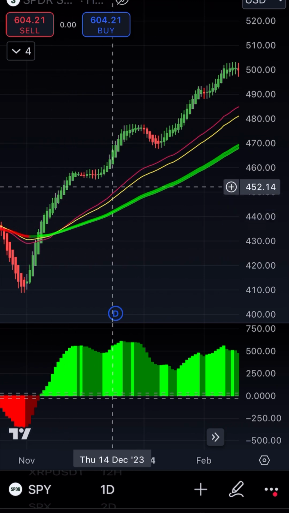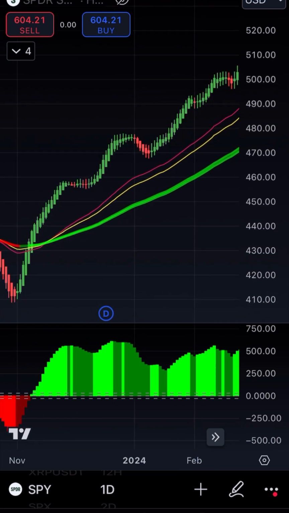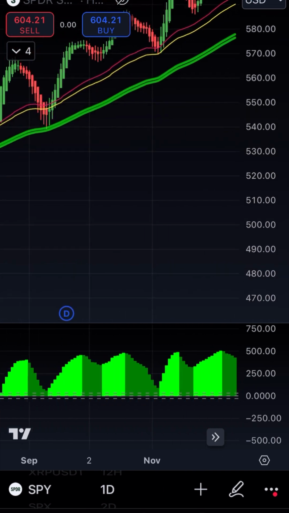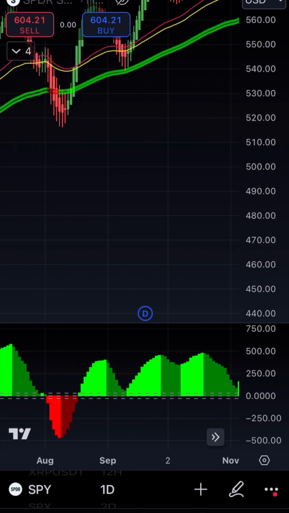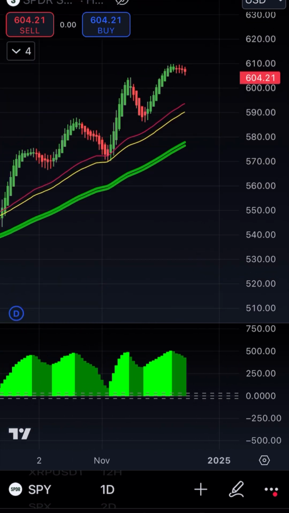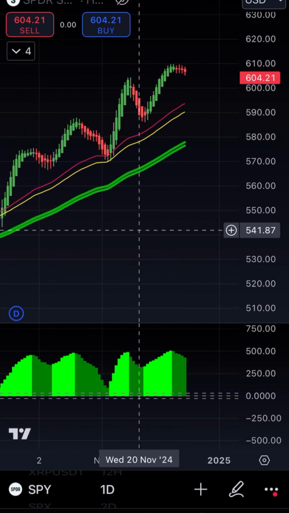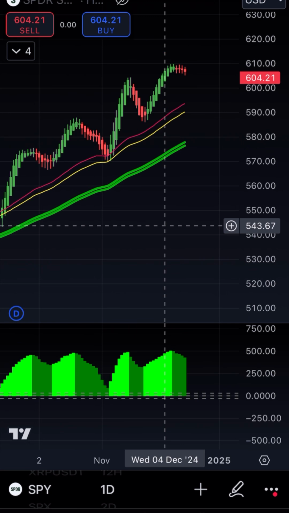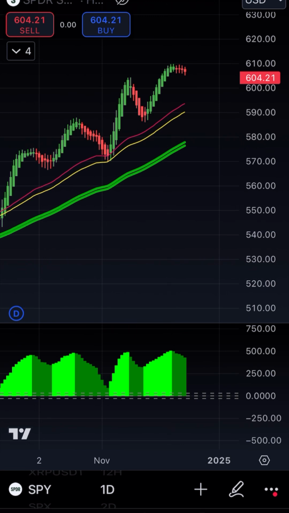If you came in right where it crossed, you could have ridden this entire thing out, but you would have had to buy an extremely long contract to get where it is right now, and that's not what you want to focus on with this strategy. We know the overall trend is going up, so you look at your EMA difference. Every time this goes to a dark green, that's basically a put. Every time this goes to a light green, that's basically a call.